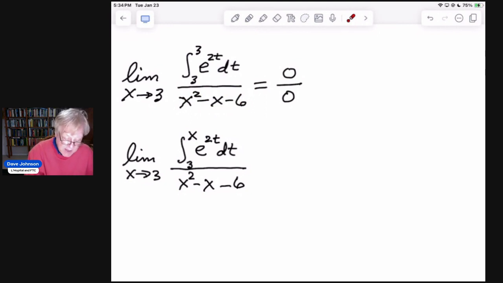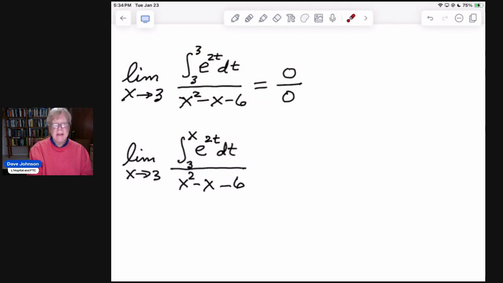The mistake I made in the previous video was to suggest that we could replace this 3 with an x, because when you take the limit, it looks like, well, it's going to be the same, but it's not. Since this numerator is identically 0, there are two places where this function is undefined, at negative 2 and 3, but otherwise it's identically 0.